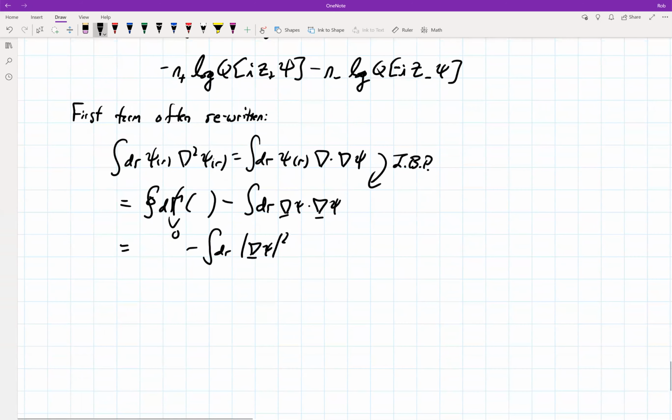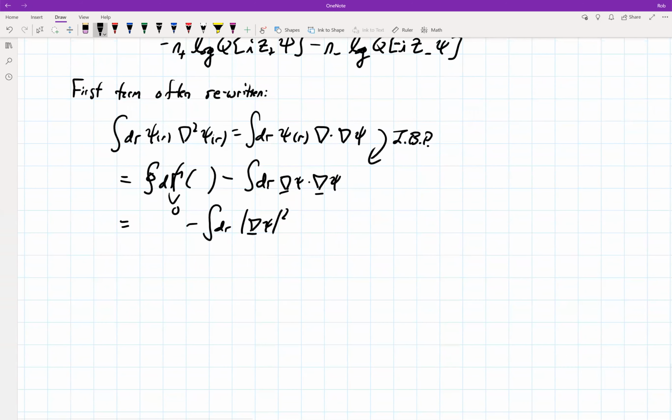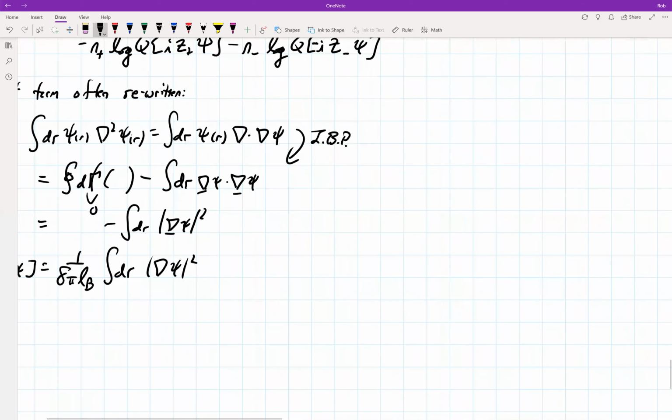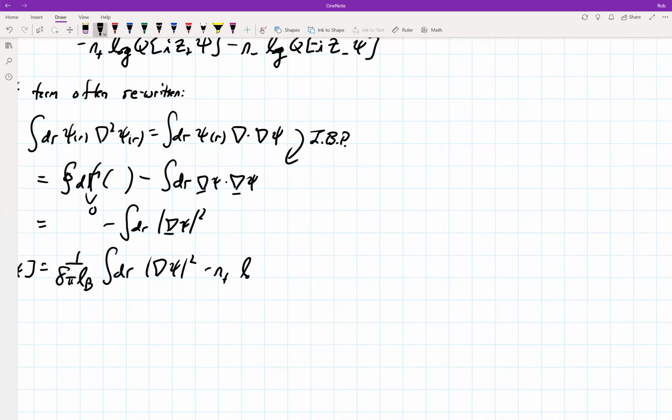All right, so that gives us the final version of the Hamiltonian that we'll work with. So we have h of psi, and it kills off that minus sign in the front. The 1/2 combines with the 1 over 4 pi Bjerrum length, integral dr grad psi squared, then minus n plus log q plus, minus n minus log q minus.